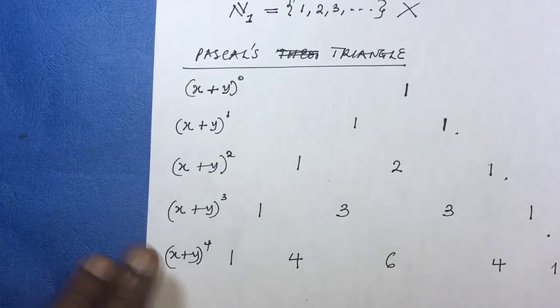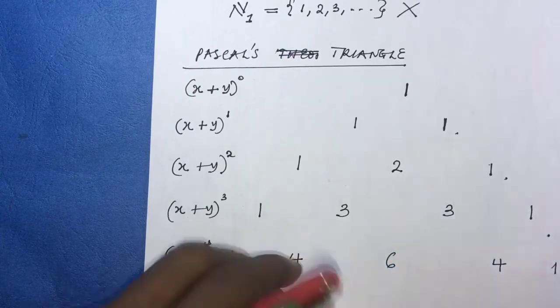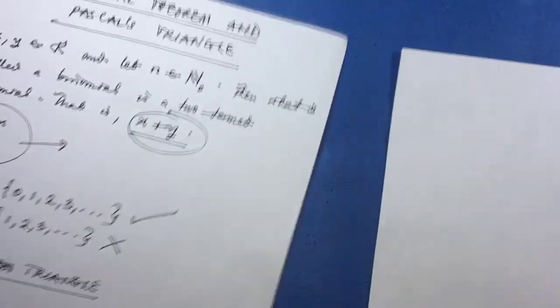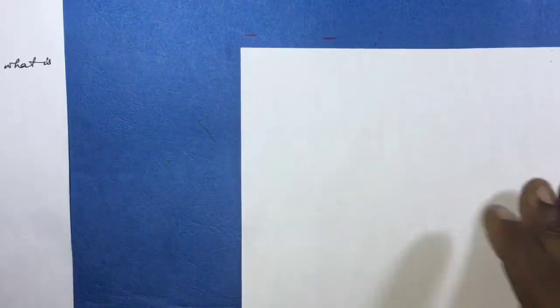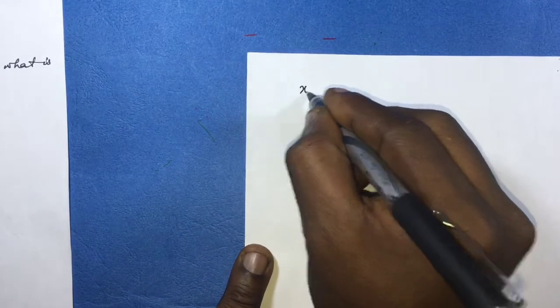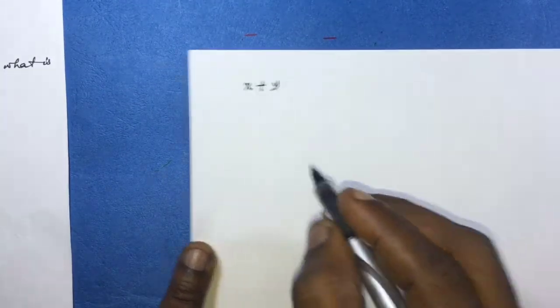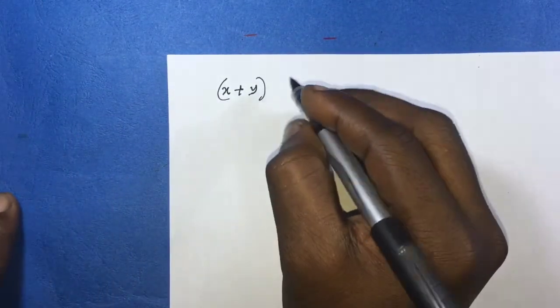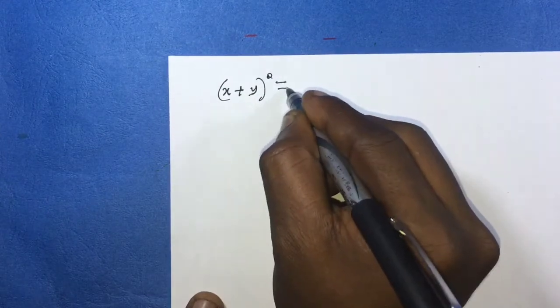Now, if you have done certain expansions before, you would come to realize the following. For x raised to power 0, according to what we had discussed in indices, x raised to power 0 will give you 1.